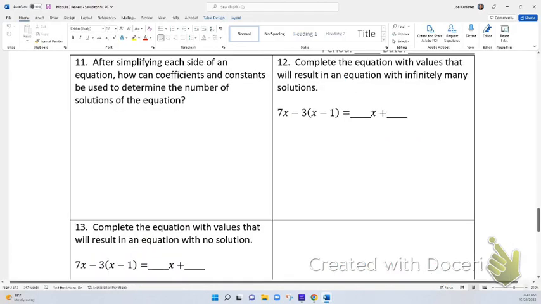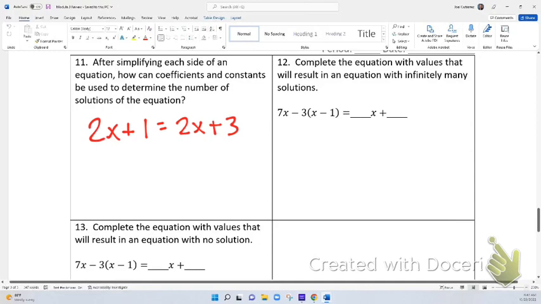All right, for number 11, it says, after simplifying each side of an equation, how can coefficients and constants be used to determine the number of solutions, right? So let's say we simplified an equation, and then we got it down to 2x plus 1 equals 2x plus 3, right? So we did notes on this.